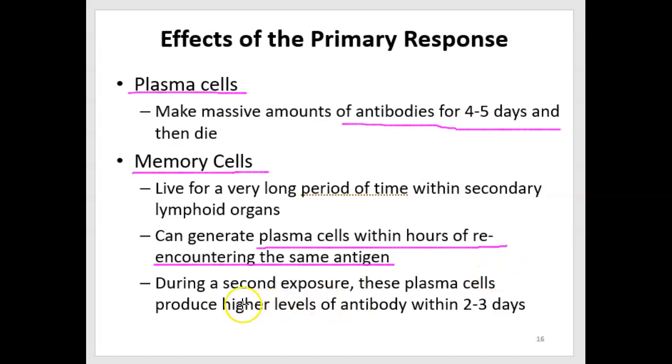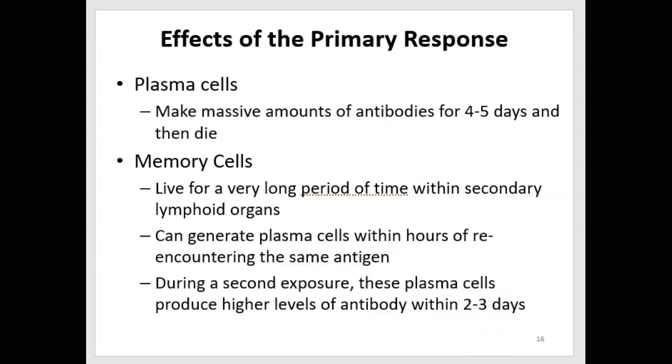And during this secondary exposure, these plasma cells make even more antibody than the plasma cells from the primary response. And they do so quicker, within 2 to 3 days, it says here. Just know primary response is short, secondary response is quick.